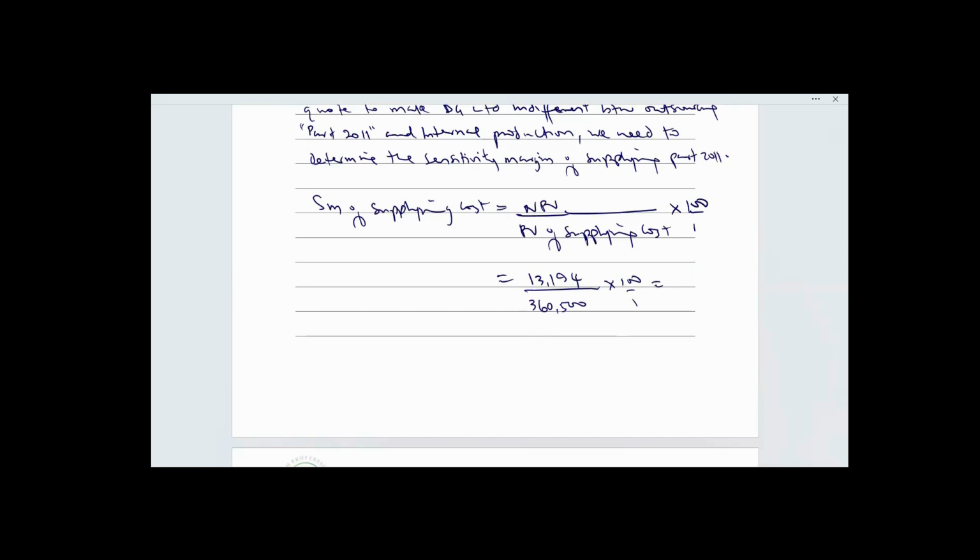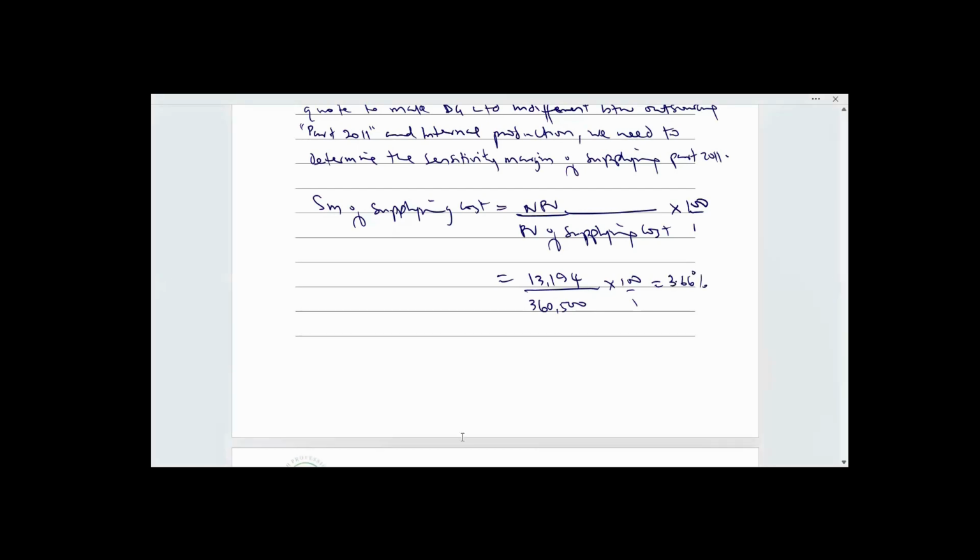So I would then say 13,194 divided by 360,500 naira, multiply by 100, so 3.66%.